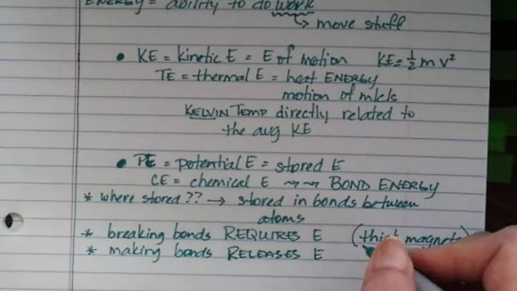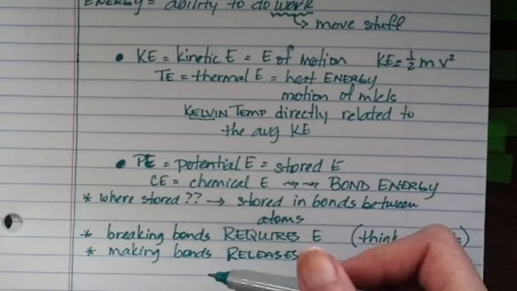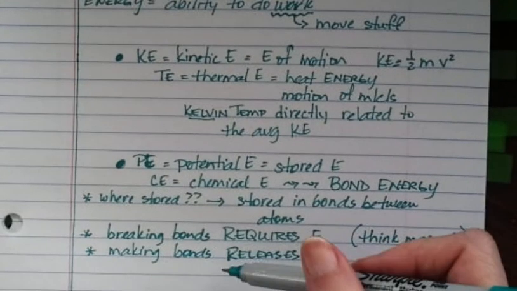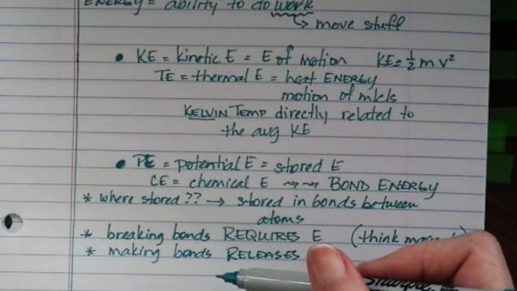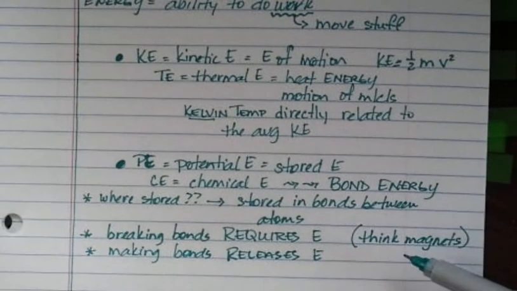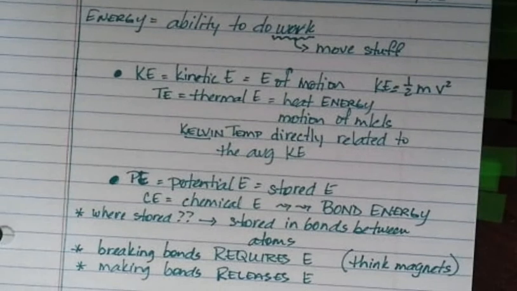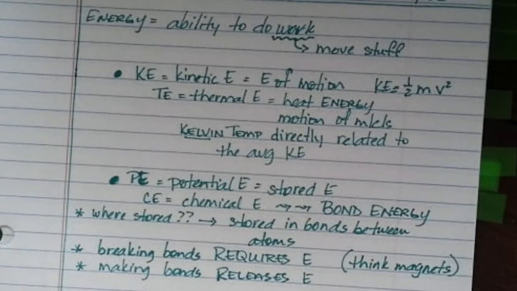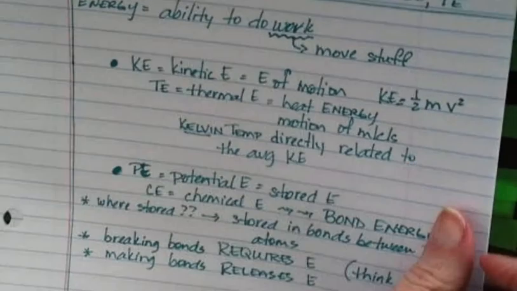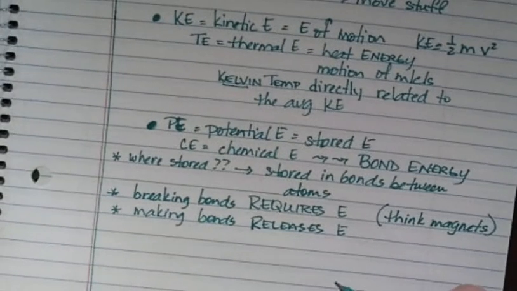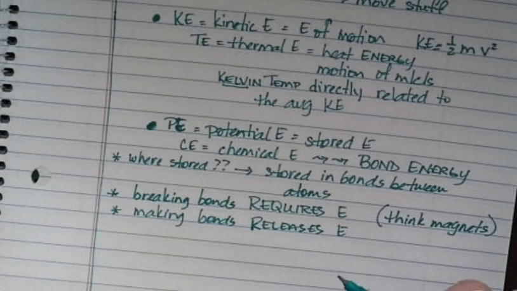Okay, so if we're thinking this in terms of magnets, again, it's a loose analogy. When we break those two magnets apart that are stuck together, it requires some energy to be put into it. And yet when you get those two magnets close enough together, all of a sudden you don't even need to put energy in, it sucks together. So that's a way just to remember, hey, breaking bonds requires energy, making bonds releases energy. But again, there's even more to it than that.